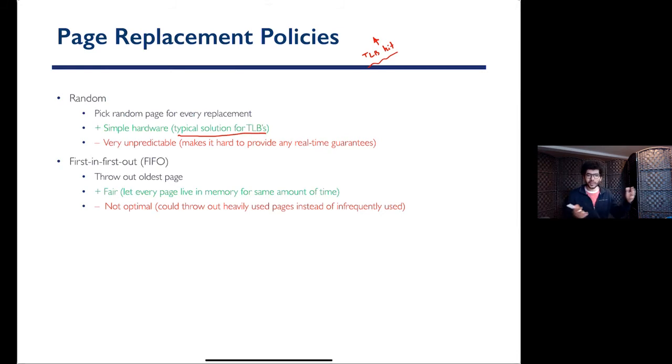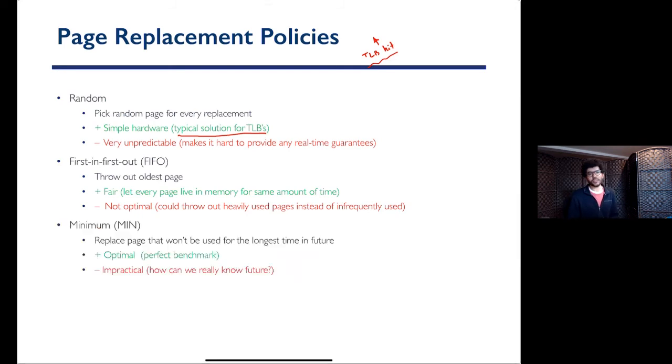So on average, everybody will be in memory for the same amount of time. But it's obviously not optimal, because what if the first one that came in is the most popular one? What if the first one that was cached is basically the libc page that everybody uses? Now, if I kick this one out, this is going to impact everybody's performance.